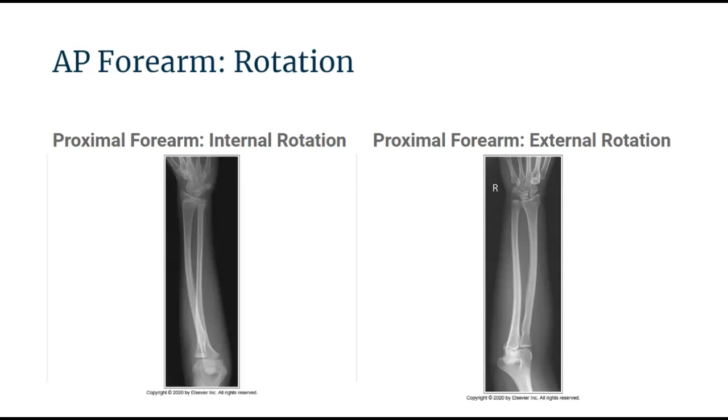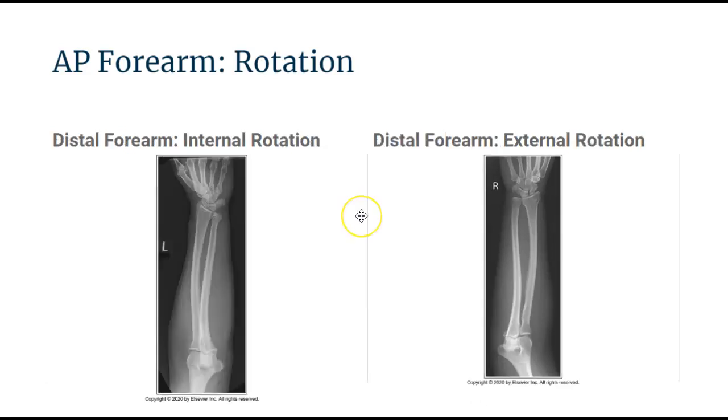Let's talk about arm rotation. So let's look at distal forearm internal rotation. When we have a projection like the first two here, you want to first look at if there is any rotation in the wrist area.